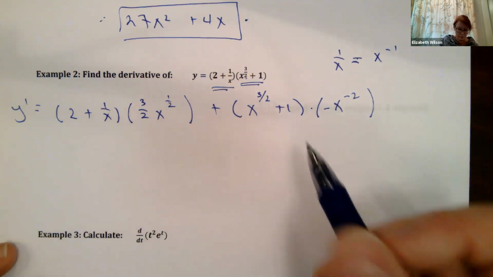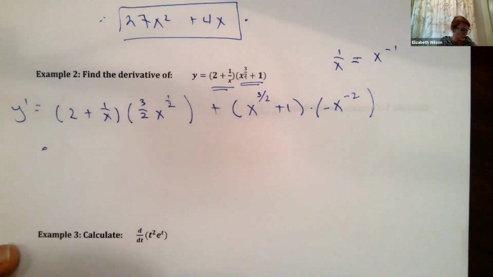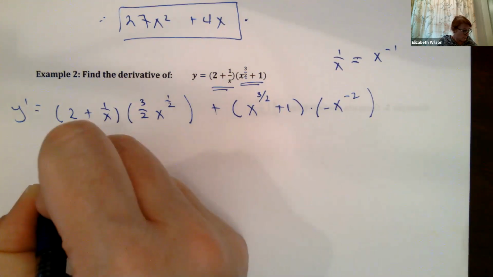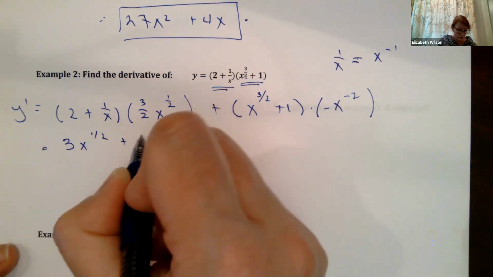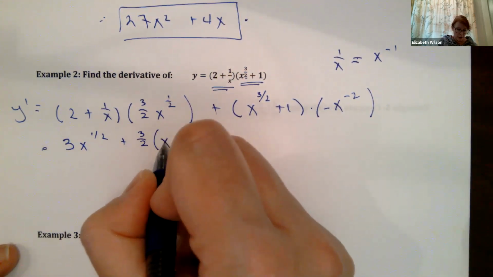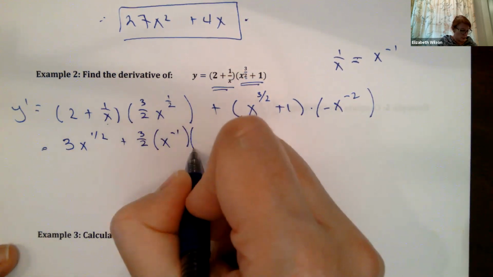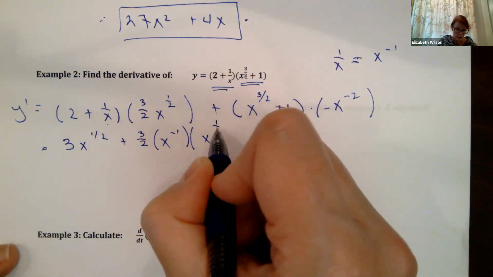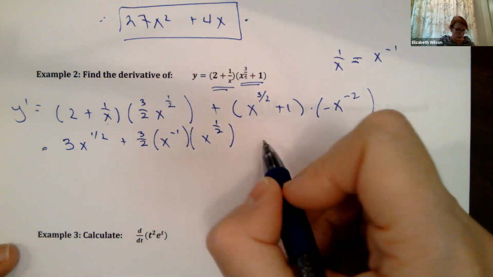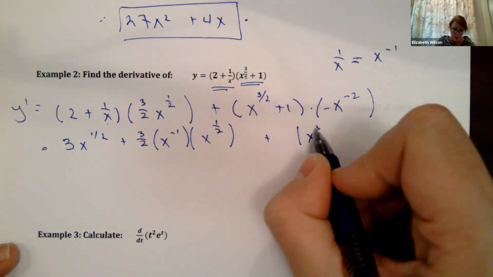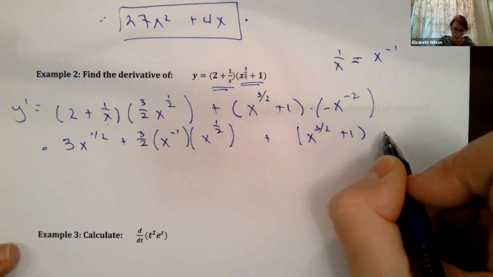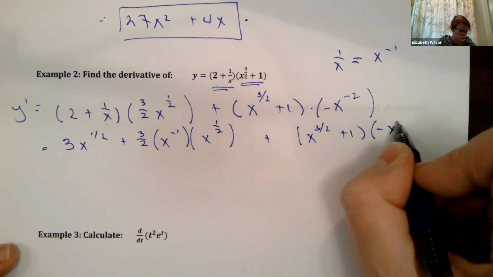Technically, this is my derivative, but I'm going to combine it just so you can see. So I'm going to get 3x to the 1/2 plus 3 halves x to the minus 1, that's this term, times x to the 1/2, plus this right here. So this is going to become x to the 3 halves plus 1 times minus x to the minus 2.